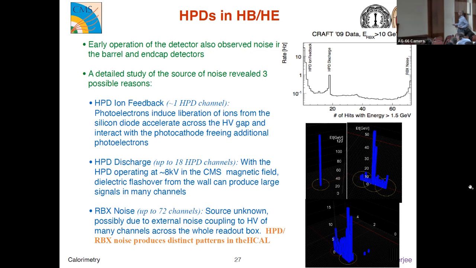And the third thing happens for the entire readout box, which is called the RBX noise. It happens for all 72 channels in a readout box. We do not fully understand these readout boxes, but by introducing SiPMs, these two things are gone, and we still have to deal with this, but offline we have filters which take care of this.